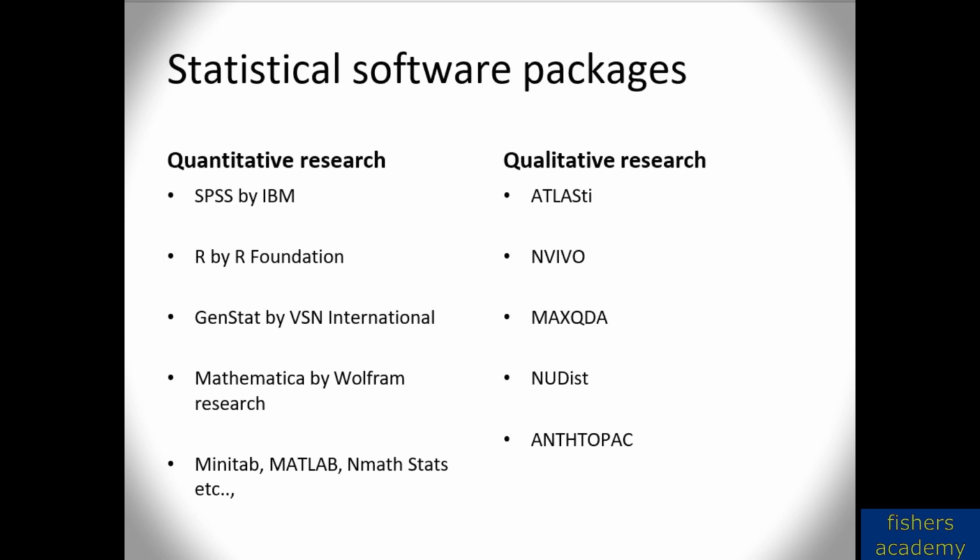Statistical software packages. Previously, SPSS was with SPSS Inc., one of the biggest companies in the US. Now it was acquired by IBM, International Business Machines. Another is R. R is freeware, from the R Foundation. It is freeware and the best software used by all data scientists.